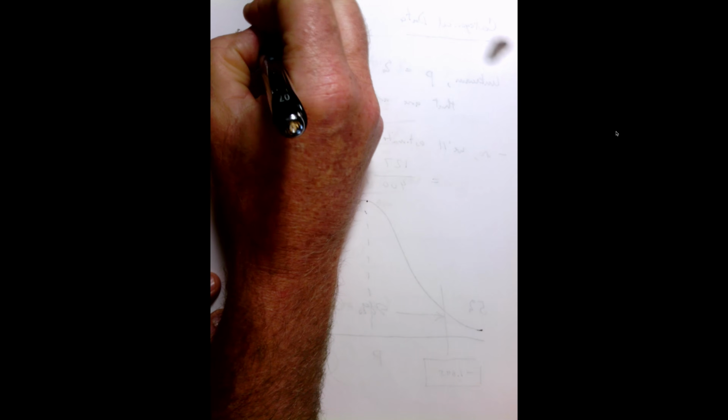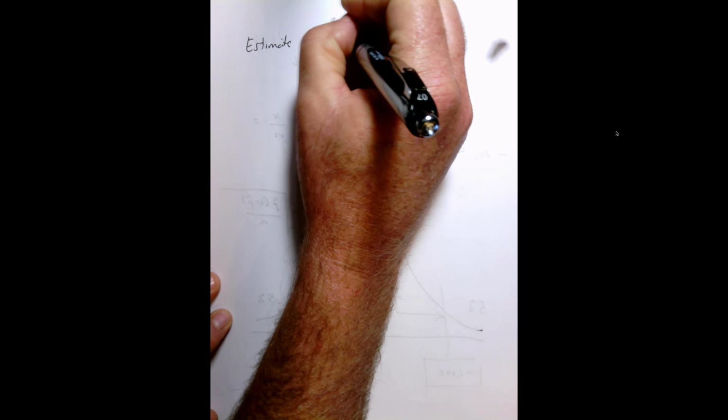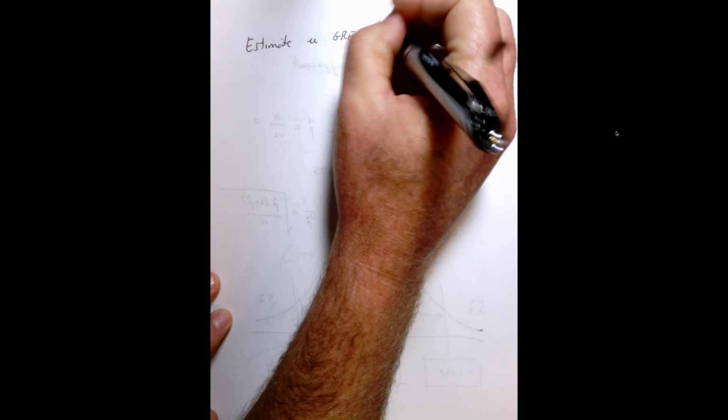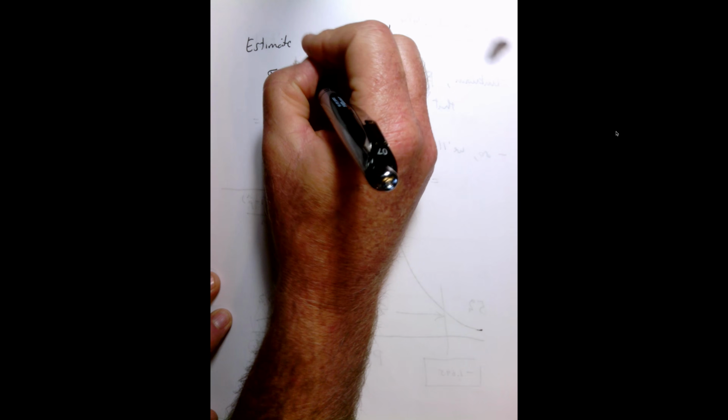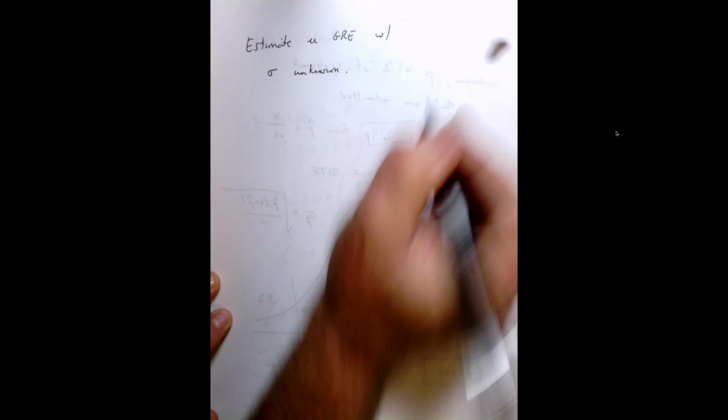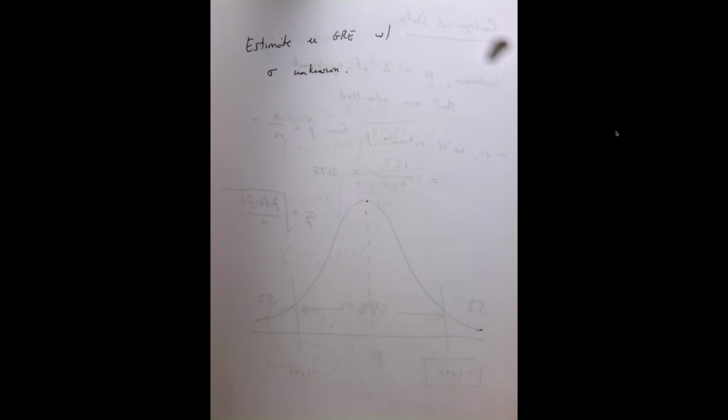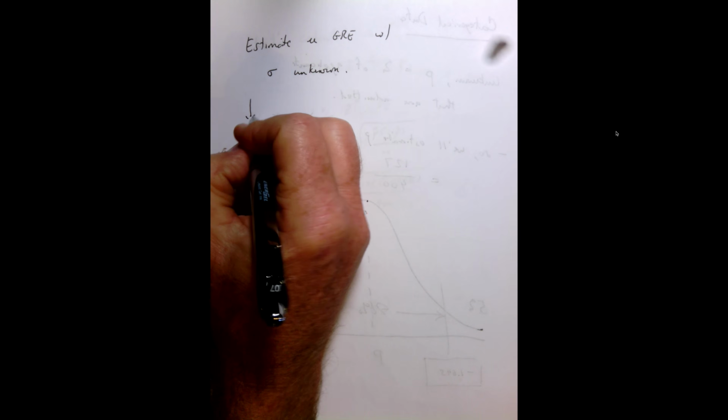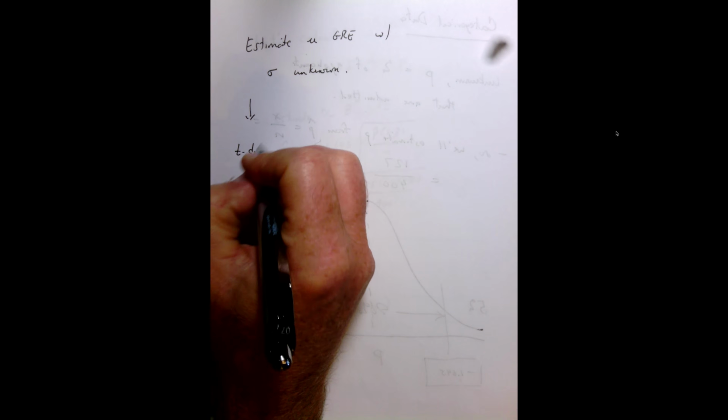So let's say we want to estimate where the population standard deviation is unknown. Well, we're going to use what's called the t-distribution.